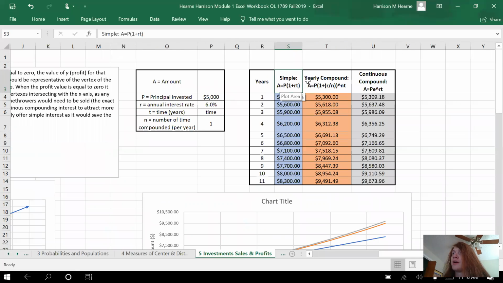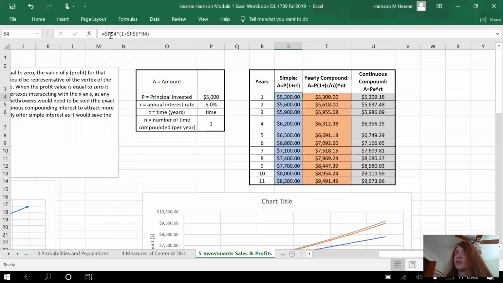So your total amount of money with simple investment is equal to your principal times 1 plus the annual interest rate, for this example 6%, times the number of years. This is assuming that it is being compounded annually, which is how simple interest is compounded.